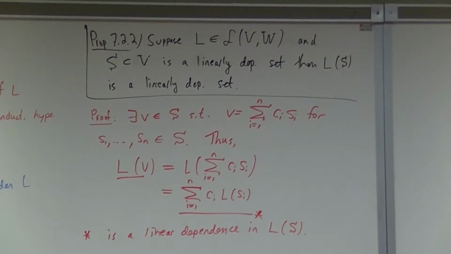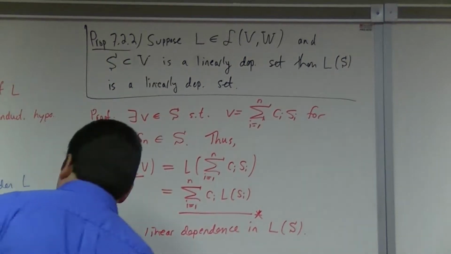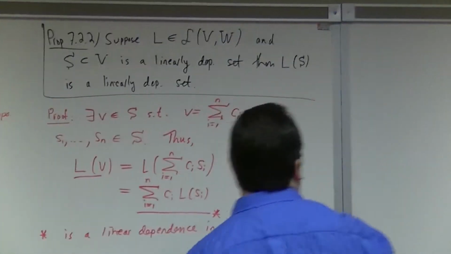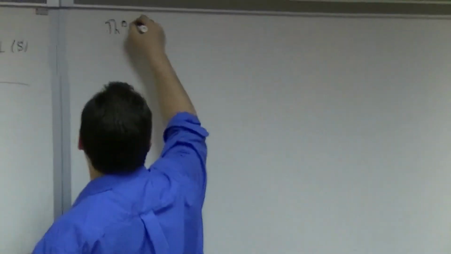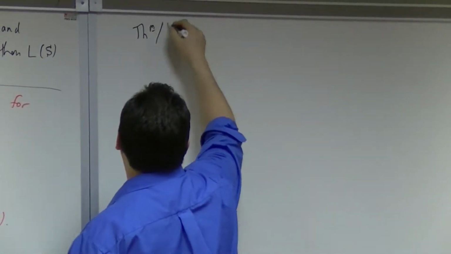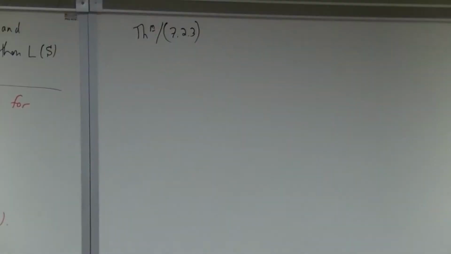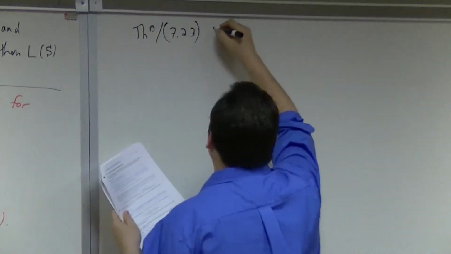That's okay. Theorem 7.2.3 states the following. Again, a linear transformation, this time from V to W. Okay, same old.